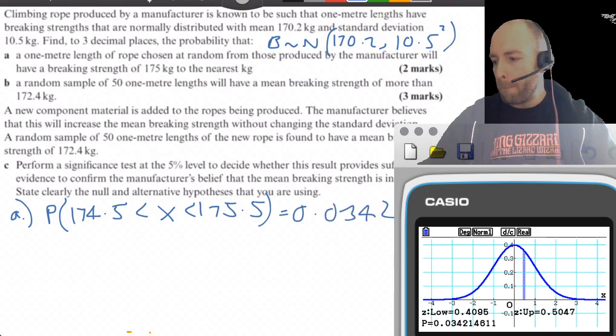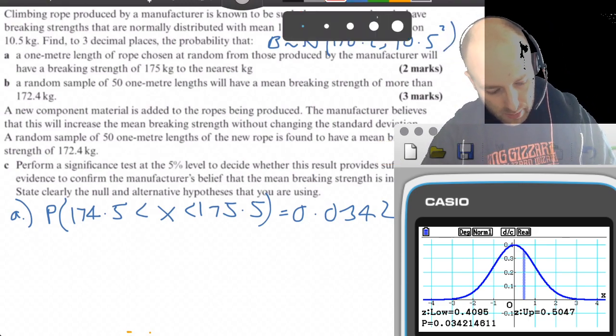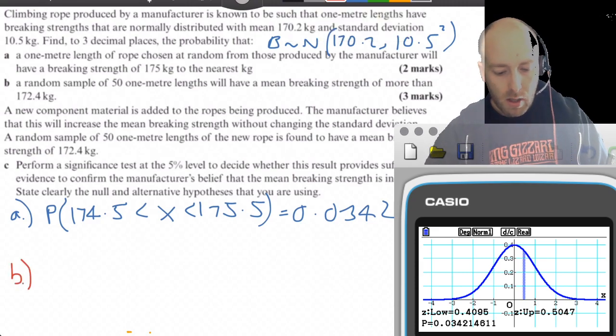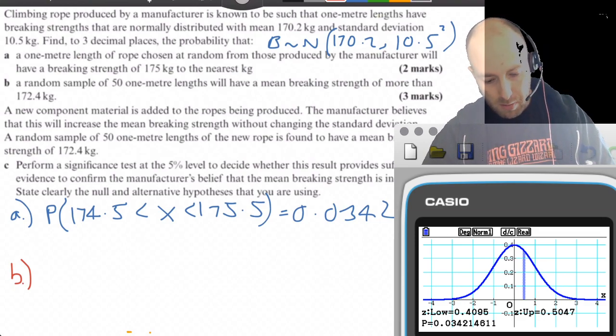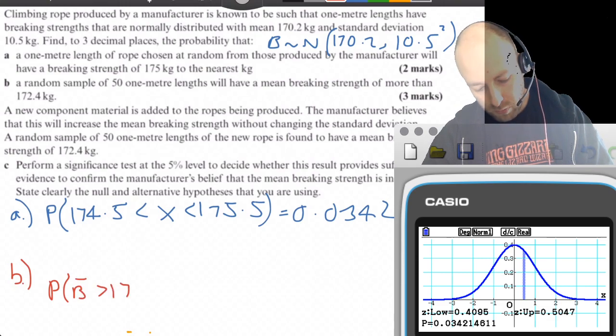Decent. Okay, part B. So part B is now telling us a random sample of 50 is taken. So we're trying to find the probability that the mean braking strength is greater than 172.4.